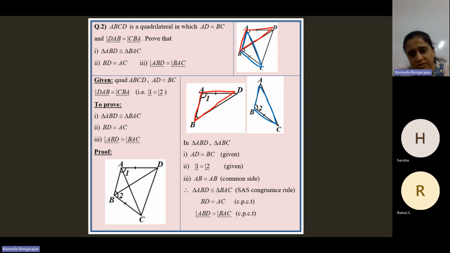You can see from this figure that these two triangles have a common side AB. You can see it from the names themselves: ABD, BAC, these two letters AB, BA. So that's a common side. There's a triangle like this, and another triangle like this.